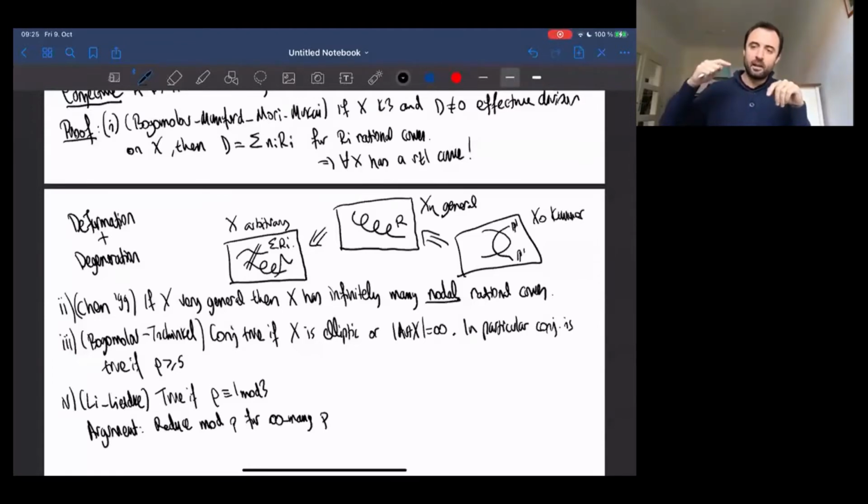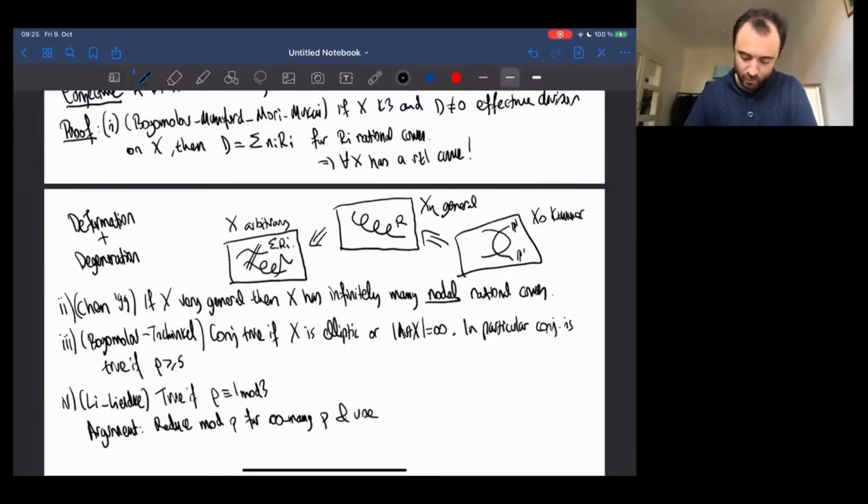And then in each of these characteristic p K3s, you can create a rational curve using this Bogomolov-Mumford-Mori-Mukai trick. And then you have to very carefully lift it back up to the K3 in characteristic 0, and if you do this for infinitely many p's, this gives you infinitely many distinct rational curves in characteristic 0.